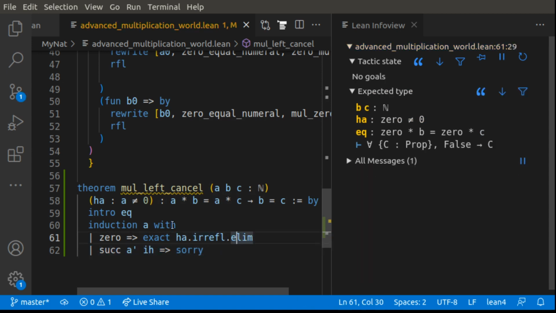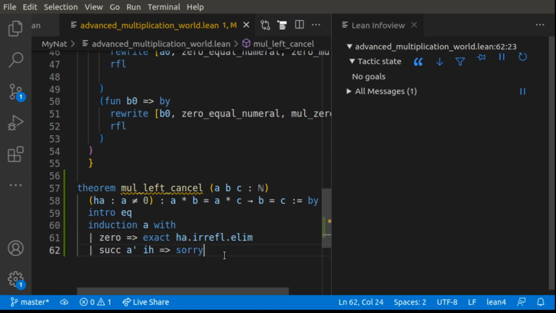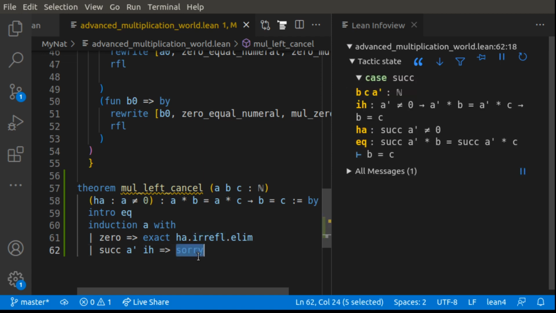Okay, so that takes care of our 0 case. Here I'm just, instead of doing false dot elim of this, doing dot elim, and we saw irreflexive earlier in the last video, or the second to last video.